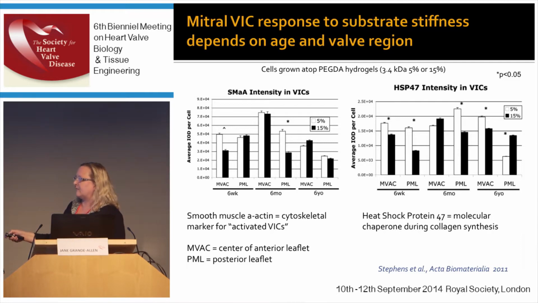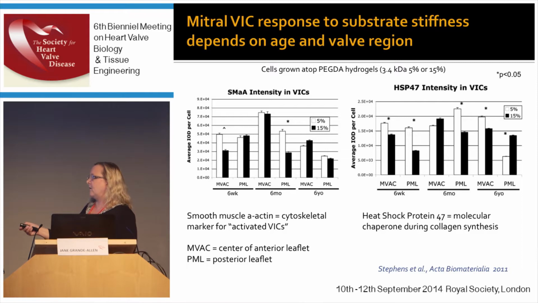So we had pigs that were 6 weeks old, 6 months old, or 6 years old that we got the valve cells from. And we looked at the change in cell phenotype with respect to activation and expression of heat shock protein 47. And overall, we found that there was not one specific response of the valve cells to this change in stiffness.